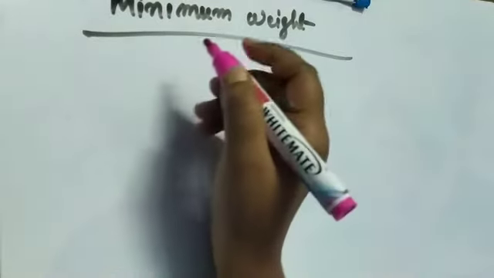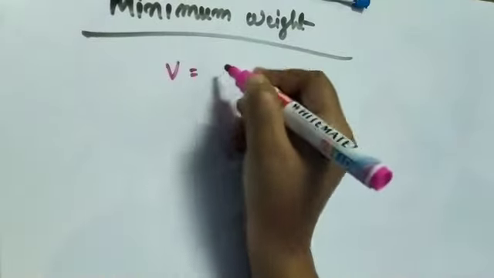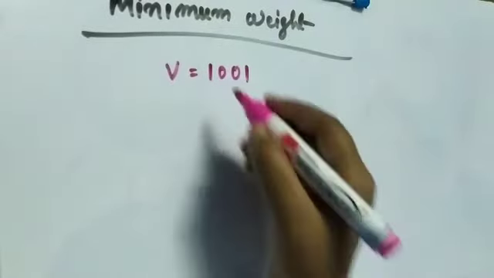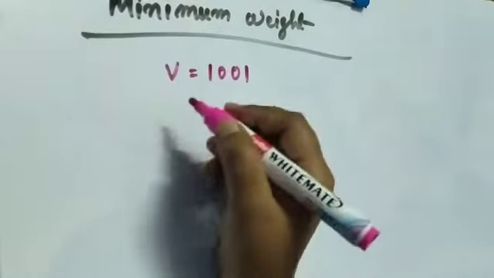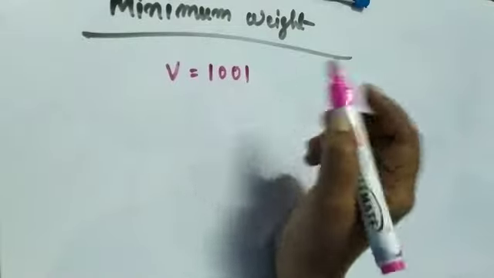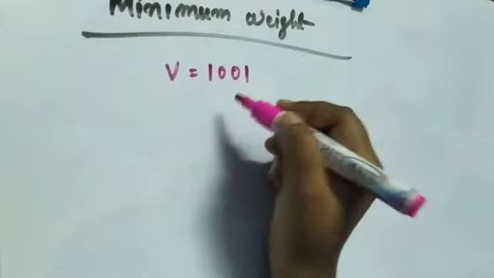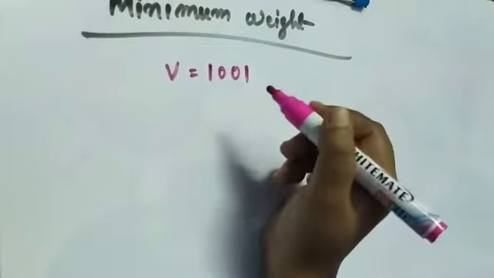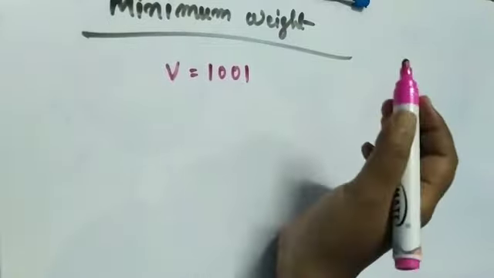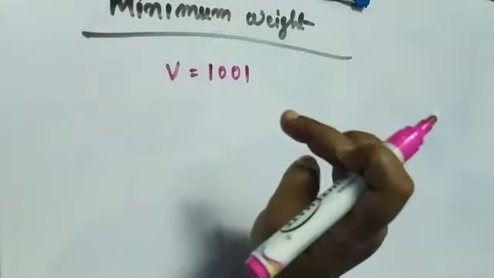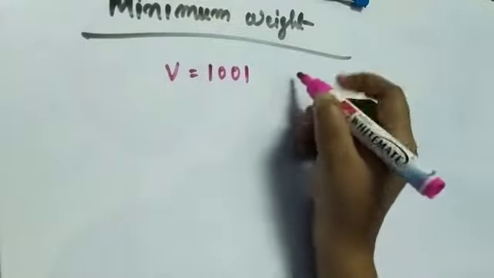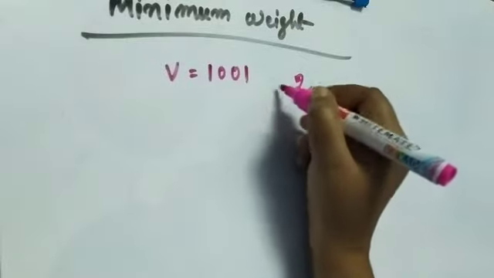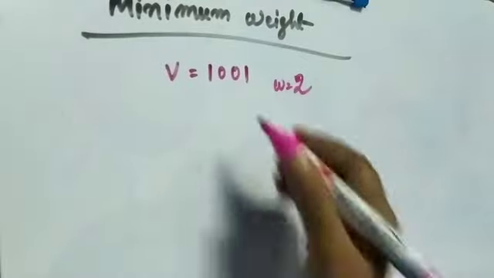For example, if V is a code word which consists of 4 bits, 1001, then as it is binary, it has only 0 or 1 bits. The number of 1s present in that code word is 2. Hence, the weight of the code word is 2 in this case.